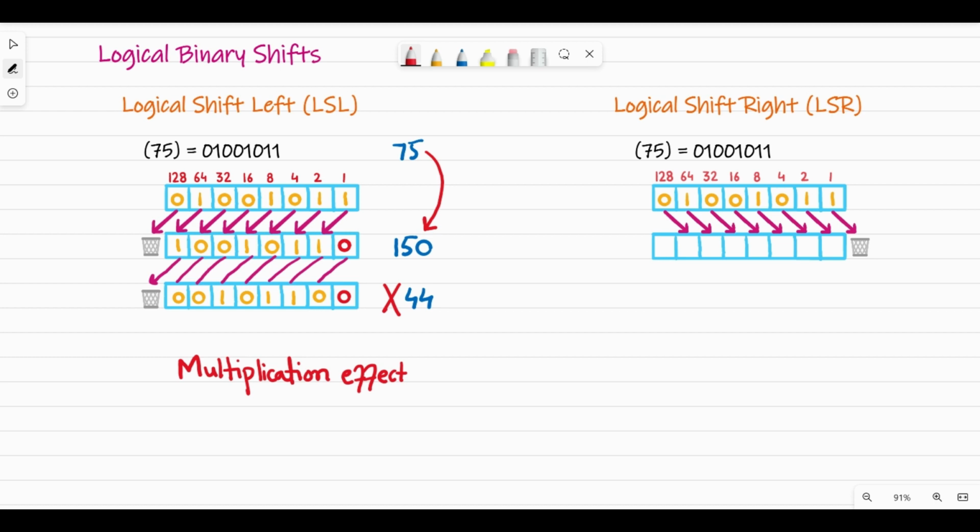So we'll perform the shift on the same 75, so it should halve it. The half of 75 won't be a perfect even number, but we'll see what happens.